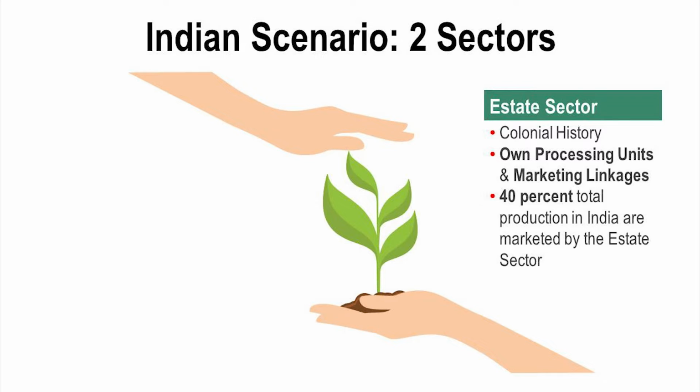It's a long drawn history where these were established by the colonial companies, and then gradually these were owned by Indian stakeholders as well. It has got its own processing units and marketing linkages. And if we look at the total tea production, then we see that 40% of the total tea production in India is actually marketed by the estate sector, the big tea companies.